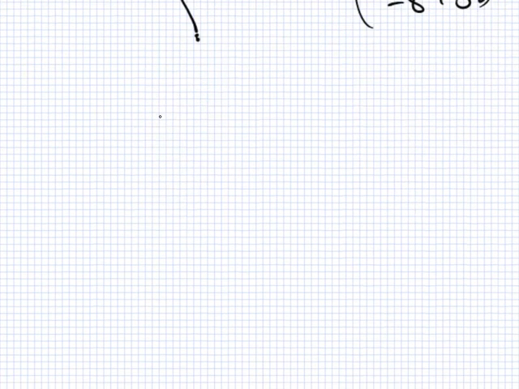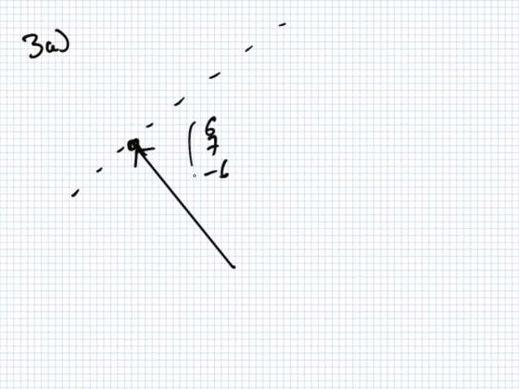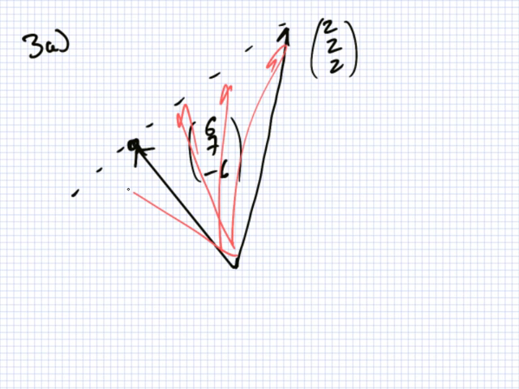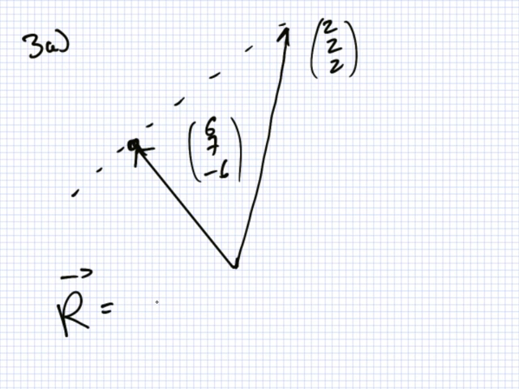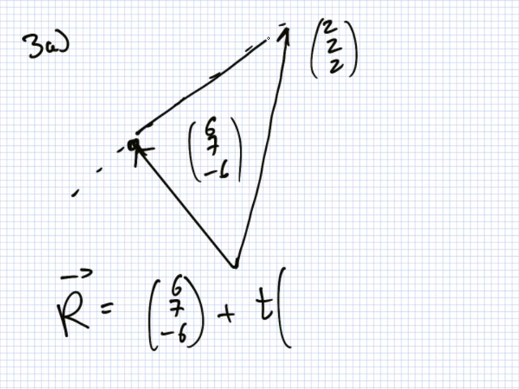Okay. 3a. So again, I have a line, and I have this point here, (6, 7, -6), and then I have this one here, (2, 2, 2), and I want all these vectors that point everywhere on this line. Okay, so this will be r equals (6, 7, -6) plus t times AB, this vector.